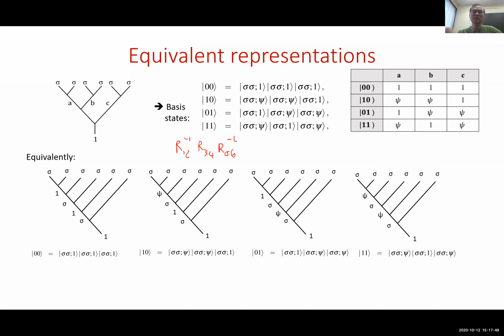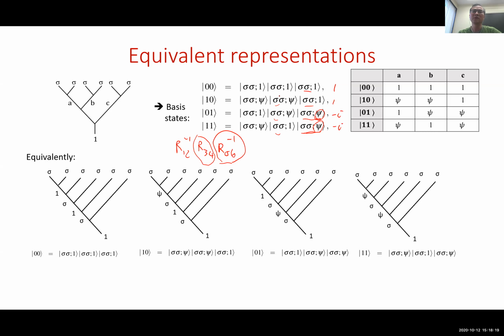Okay, if we do 5 and 6, we just look at this, right? Let's see how it evolves. So 5 and 6, doing the inverse of the braiding, will give a minus i if the fusion product is psi. So there's a minus i on these two. This is identity. Then we do the braiding on 3 and 4.